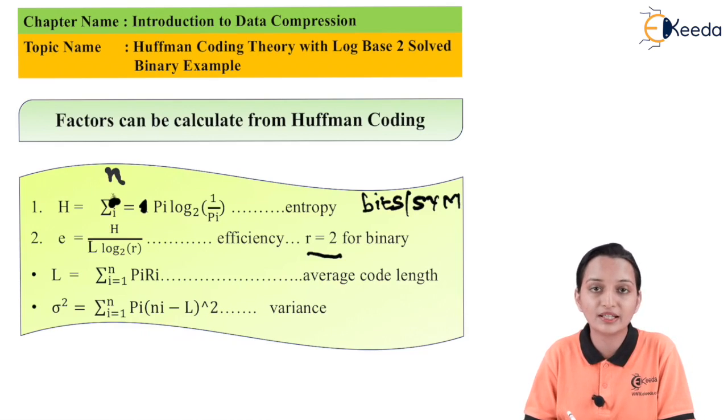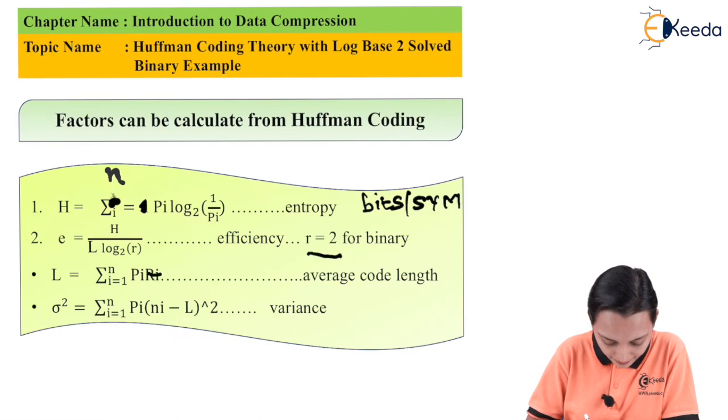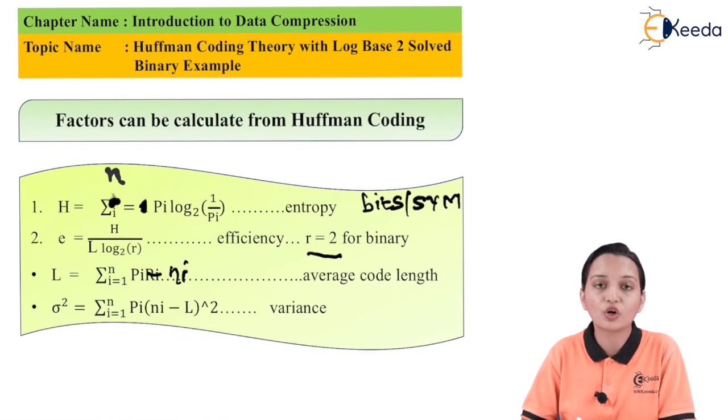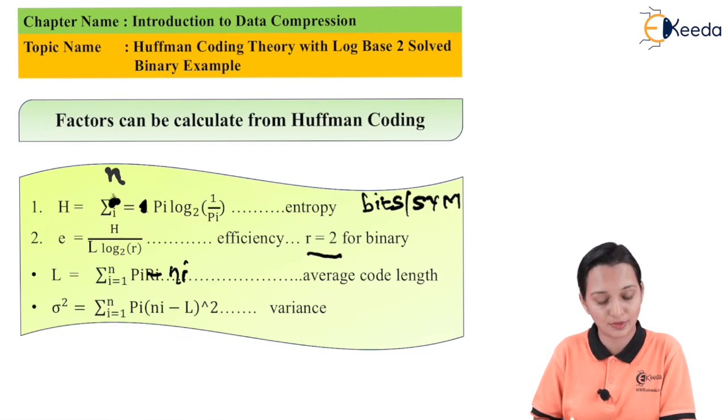So how to calculate L? L is the sum of Pi into Ni. What is Ni? Ni is the code length. So Pi is probability, Ni is code length. In this way we can calculate the average length. Again that will have the same units, bits per symbol.